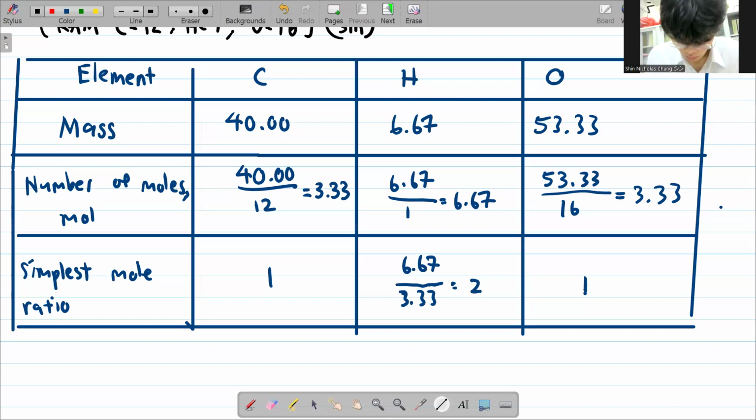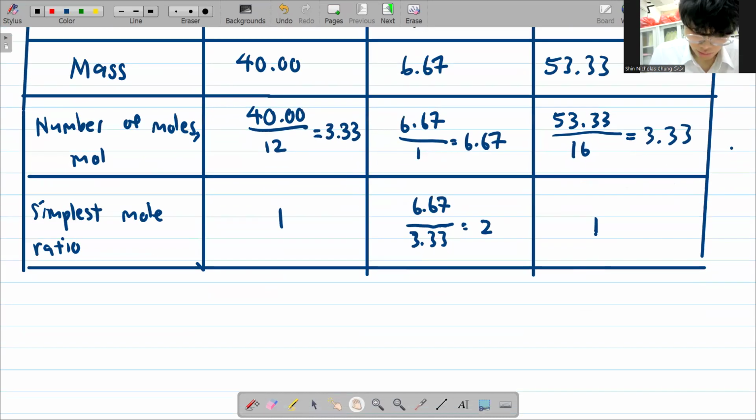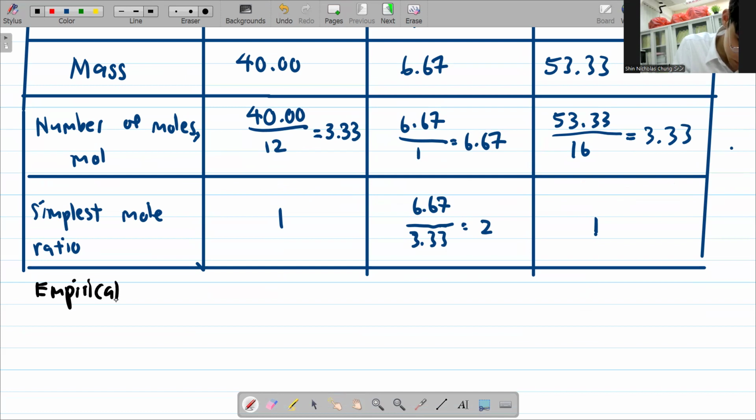And lastly, the final thing that people always forget to do is mention the empirical formula. So please write it down. After your table, write empirical formula.